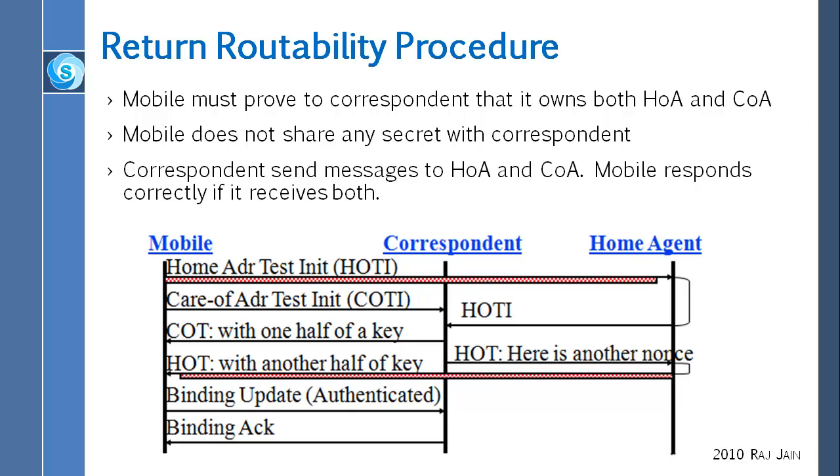Now, if these two halves have something in common or they pass some security test, then we know that they came from the same source, right? And the correspondent does something similar. Using this it makes a key and sends half of the key directly like this, and the other half it sends to the home address, which is encapsulated and sent to the mobile.